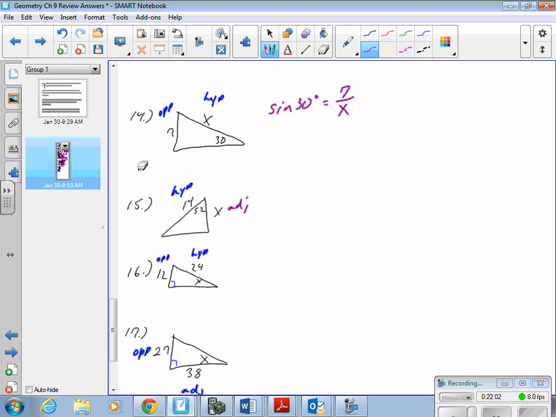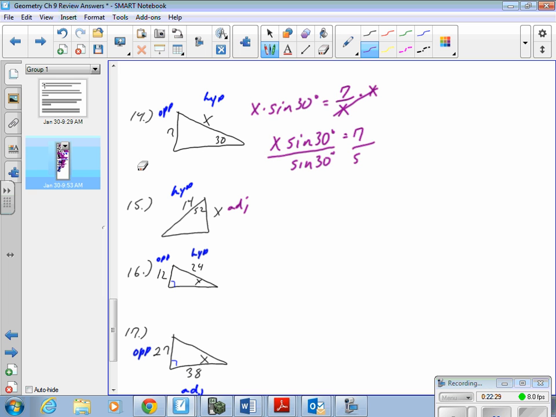And then once we get it set up like this, we want to solve for the x, which is in the denominator. So first thing we've got to do is multiply both sides by x to get it out of the denominator. So now we have x times the sine of 30 degrees equals 7. And to get x by itself, we've got to move that sine of 30 over to the other side.